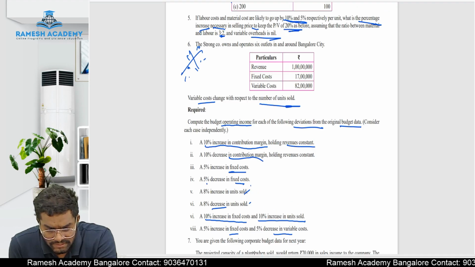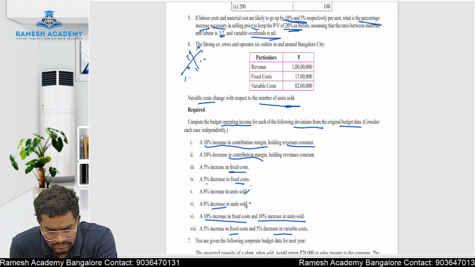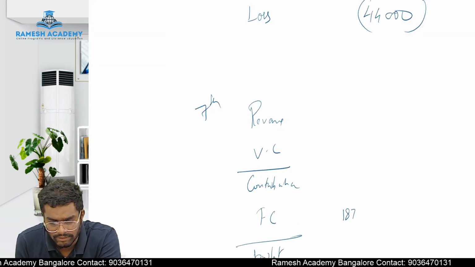My fixed cost is 17 lakh, they are doing 10% increase, which means 18 lakh 70.